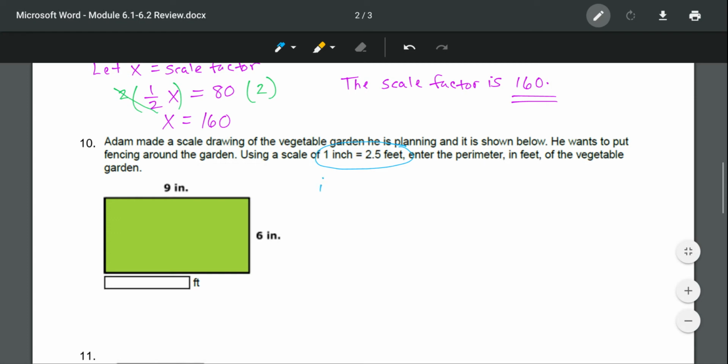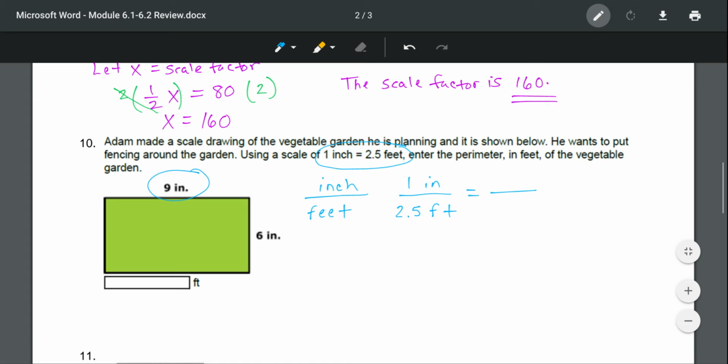So I would write a word ratio since you're comparing inches to feet, and that's going to help me organize my work. So if my scale is 1 inch represents 2.5 feet, I write it as a fraction, and that's going to equal, okay, so now I'm going to take my length of 9 inches and figure out what that would be in feet.